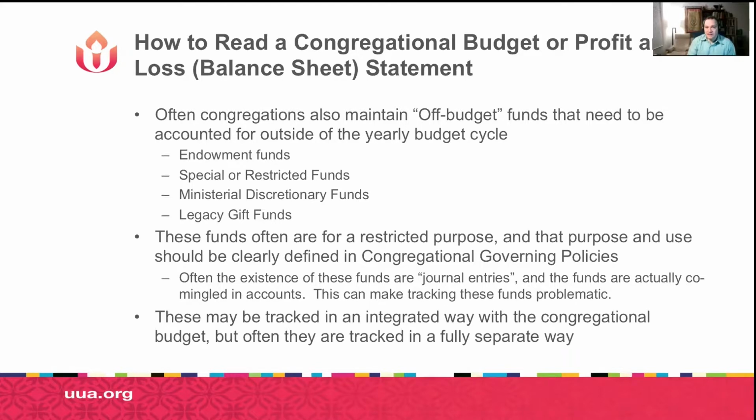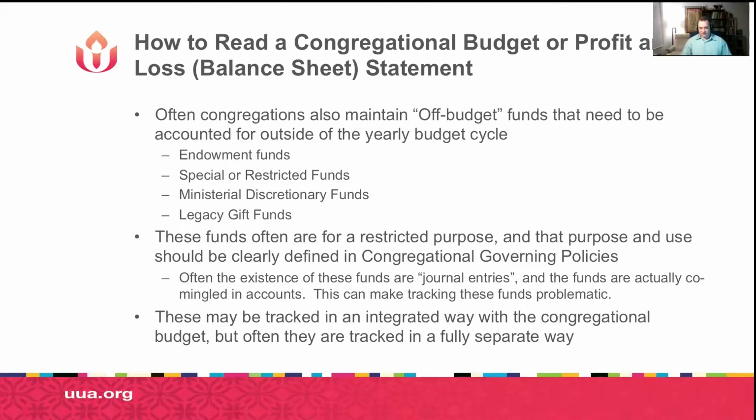I will tell you that that commingling of funds, which saves money in not having multiple accounts, is also one of the places where we most often begin to see congregations lose track of monies. Because it is commingled, journal entry funds sometimes, not often, but sometimes end up being used as if they were regular operational funds, and you lose track of them.